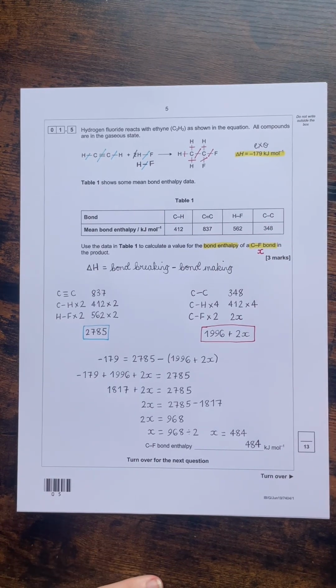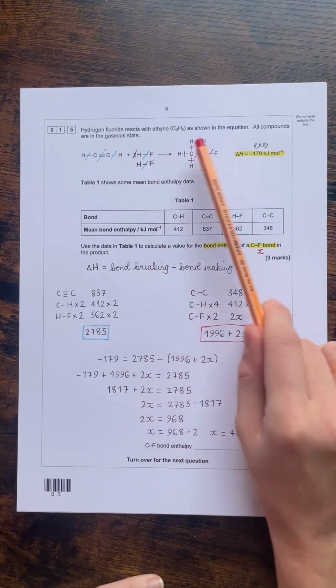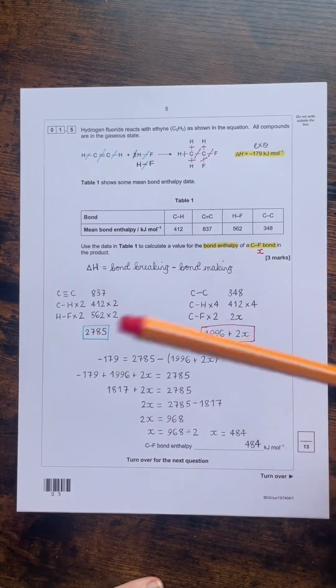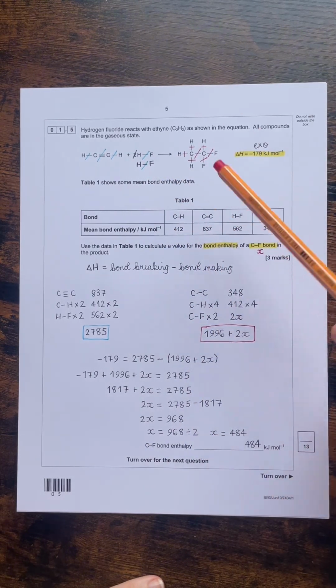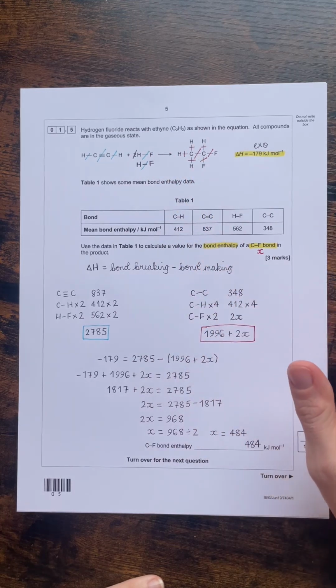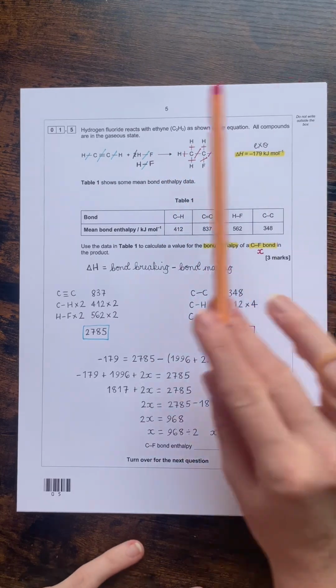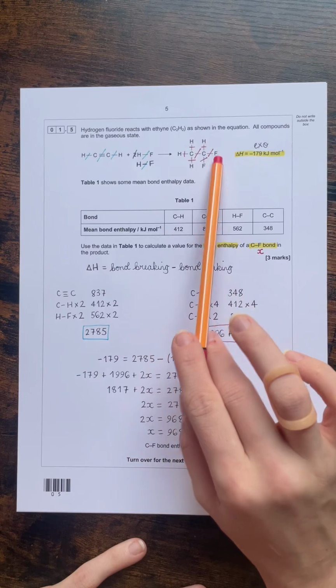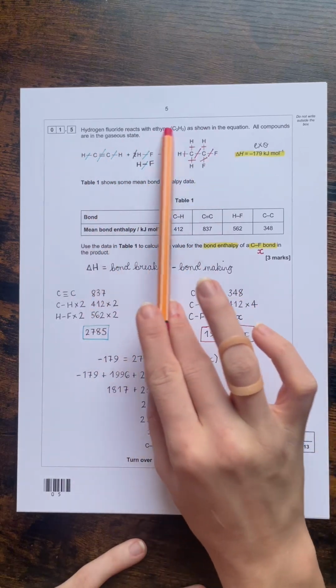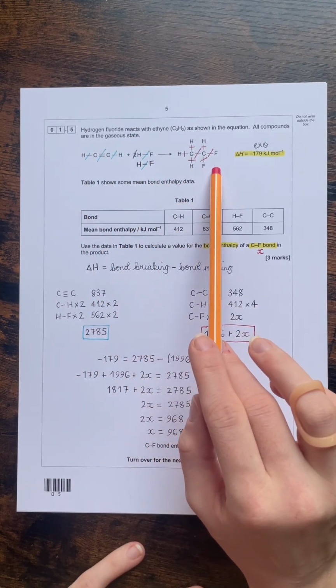Now, some of the biggest things that students do wrong here is, first of all, counting up how many bonds of each type they've got. So I'm not saying you have to cross out the bonds as you go, but you need some way of being able to count them properly. They may not give you the equation in quite such a nice format. I think at GCSE they will, potentially.